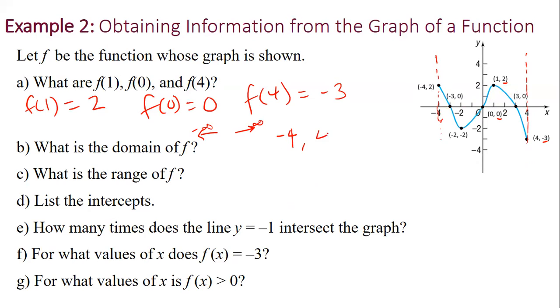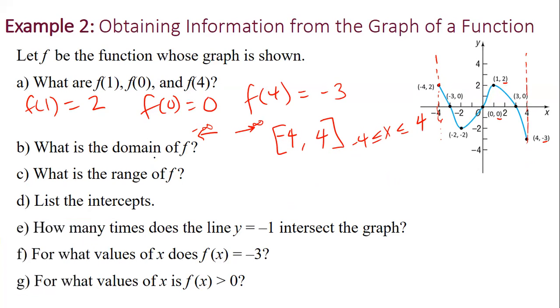Positive 4. Okay, at each one they are defined, right? They are defined. We use brackets. If they were not defined, we would use parentheses. Okay, so this is telling us that our x is between negative 4 and positive 4. Agree?